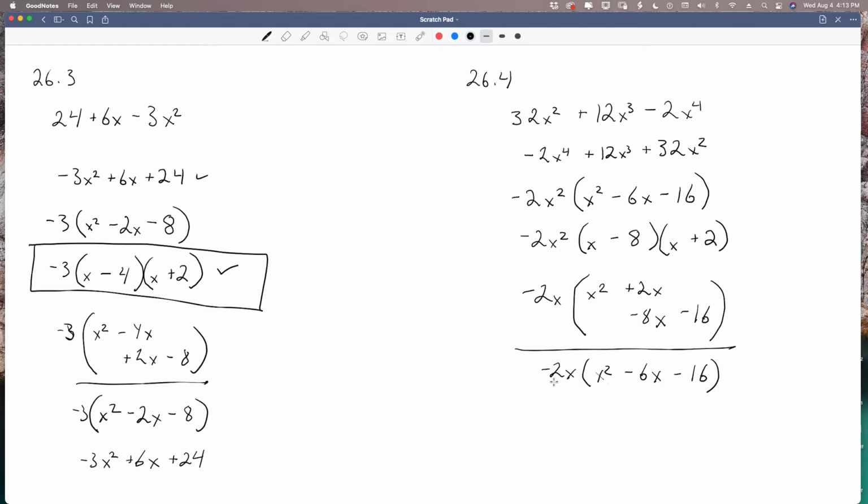And when I multiply negative 2 times all of these, oh, I'm sorry, that should have been a square here and a square here, x to the 4th plus 12x to the 3rd plus 32x squared. And that's the same thing that we started with here and here. So that tells me that I got this one correct.